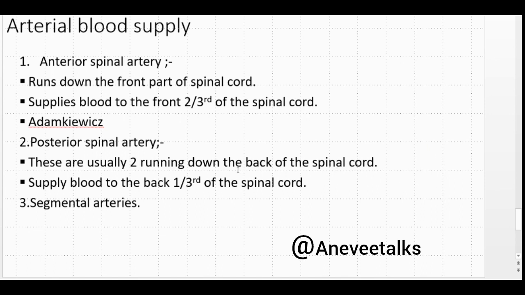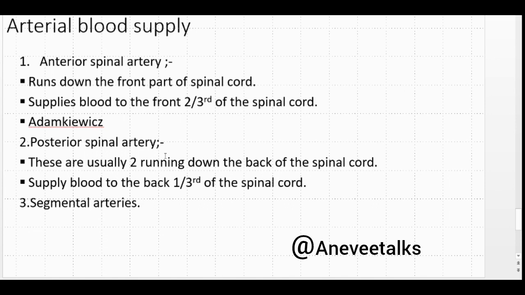When it comes to the posterior spinal artery, it supplies blood to the posterior part of the spinal cord, which is one third of the spinal cord. The posterior spinal arteries run down and divide into right and left posterior spinal arteries.